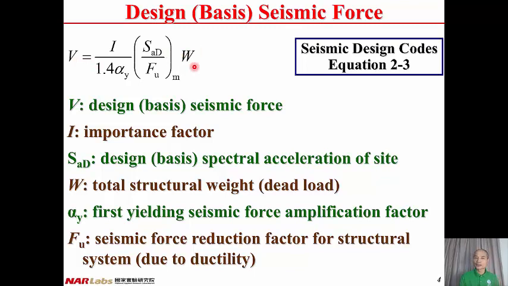The higher the weight, the larger the design basis seismic force. And this is inversely proportional to alpha y, the first yielding seismic force amplification factor. The higher the alpha y, the lower the design seismic force. It is also inversely proportional to Fu, the reduction factor. The higher the reduction factor, the lower the design basis seismic force.